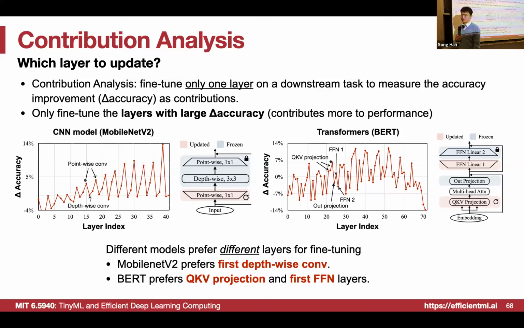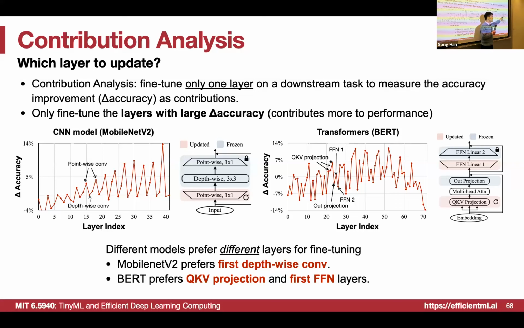So for transformers, we should just fine tune this QKV projection and also the first linear layer. Actually, this is also very cost efficient because this FFN layer has this inverted bottleneck structure where you have 1 channel, then 4 channels, an expansion ratio of more than 1, roughly between 2 to 4.